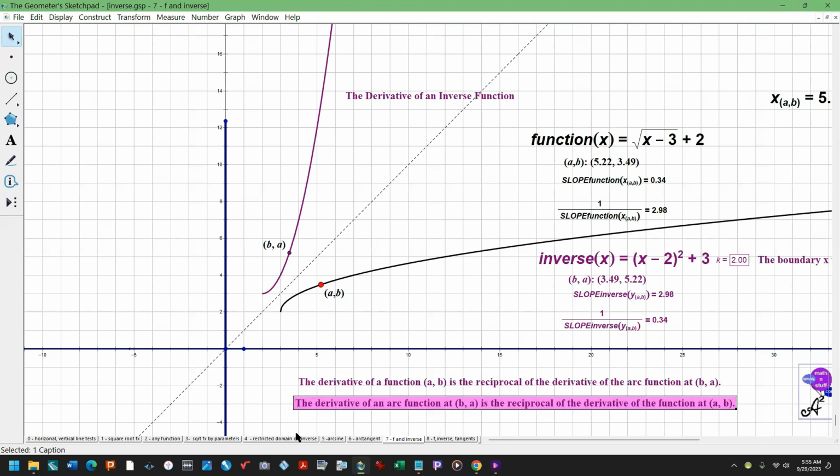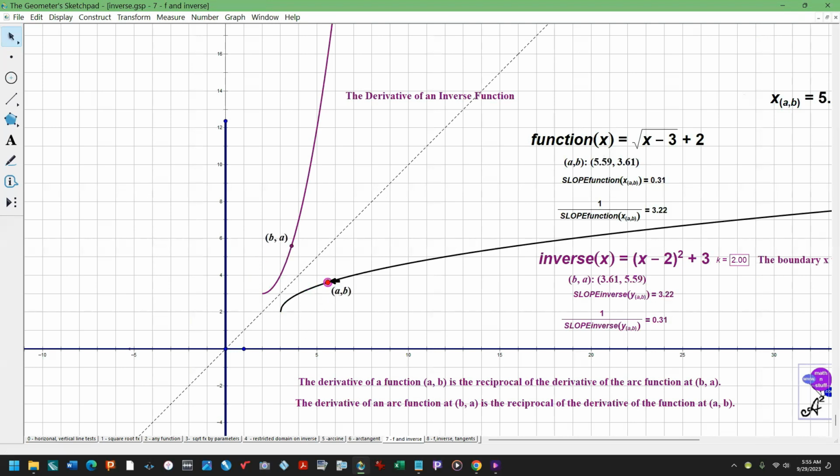And it is true that the derivative of an arc function at BA is the reciprocal of the derivative of the function at AB. So let's see what I want you to look at. I'm going to drag AB. It drags the mirror image BA.